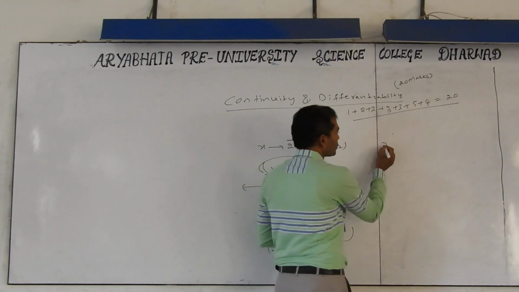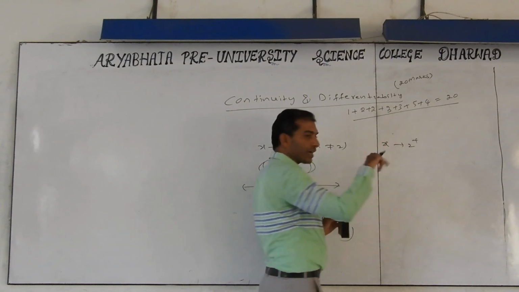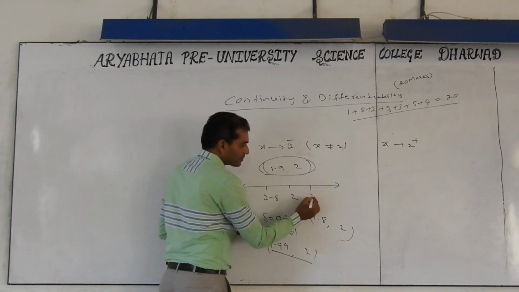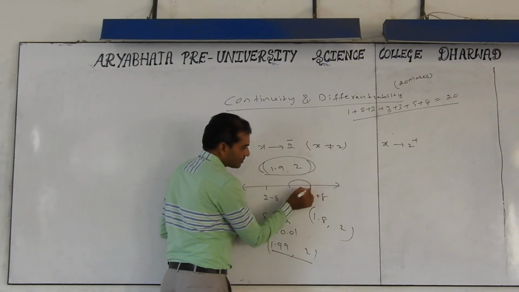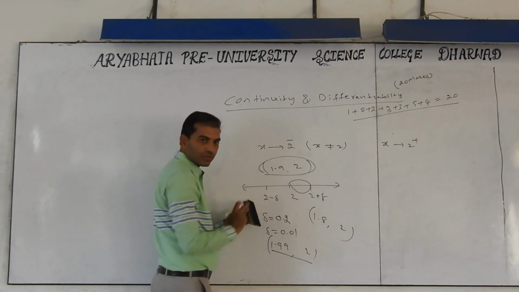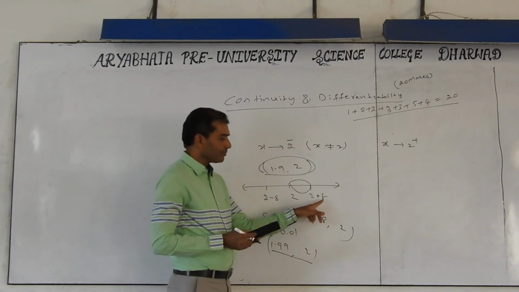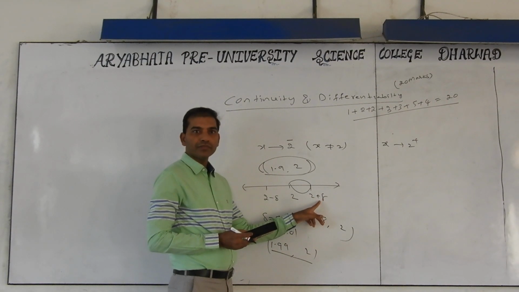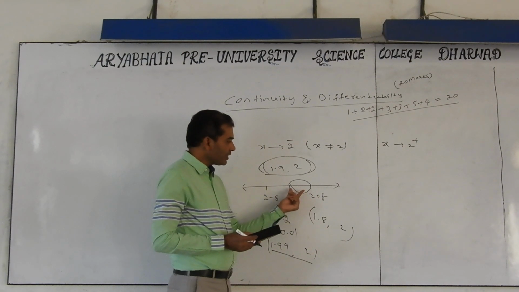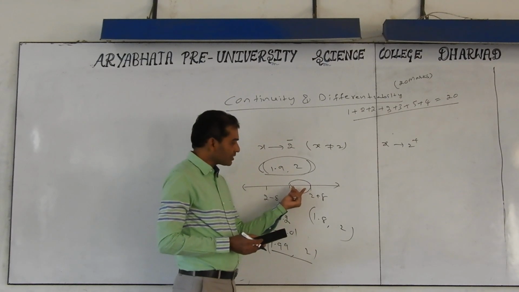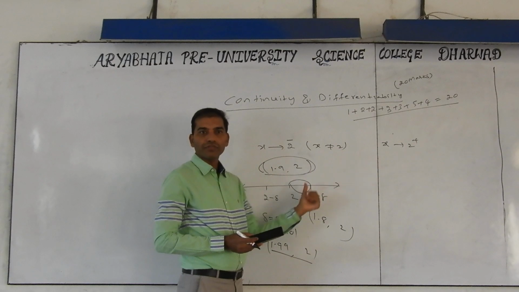Next, x tends to 2 plus means the right neighborhood of 2, that is, the right side and close to 2, like 2.1. If you take delta equal to 0.1, then 2 plus 0.1 is 2.1. So every number between 2 and 2.1 is in the right neighborhood of 2.